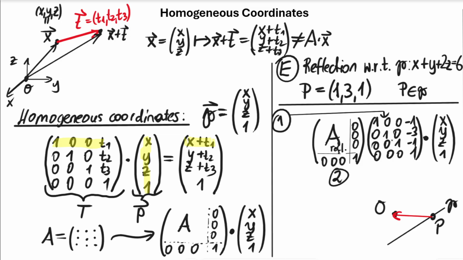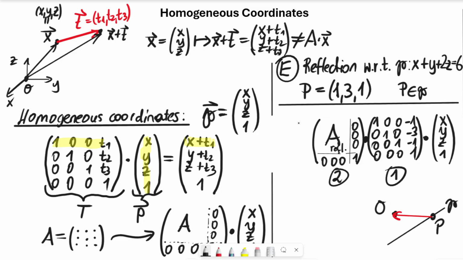So it's a similar idea as you can see here. So let me write the matrix here, which is then 1, 0, 0, 1. And we shift it back with the vector 1, 3, 1.